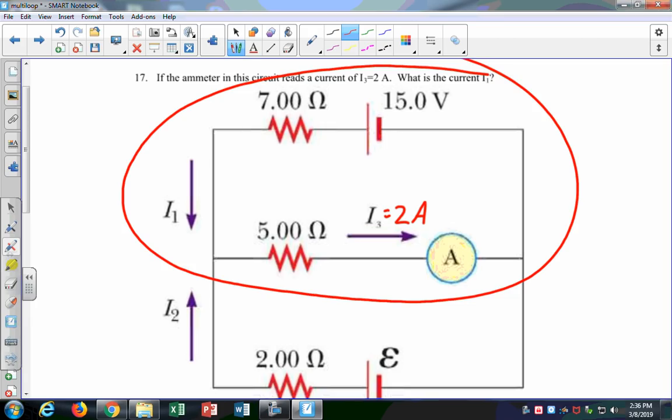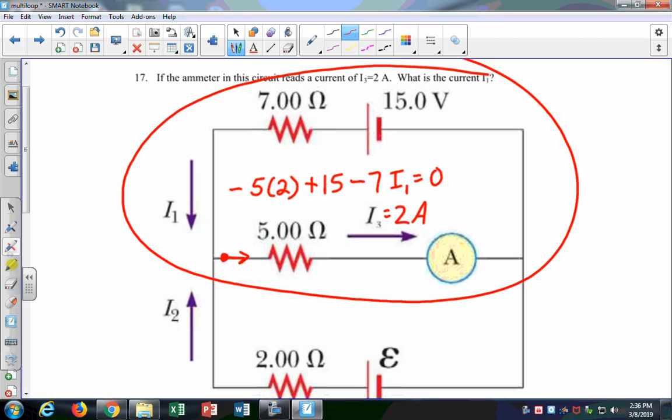My equation would look like this. Starting in this direction, I would have minus 5 times 2 plus 15 minus 7I1 equals 0.